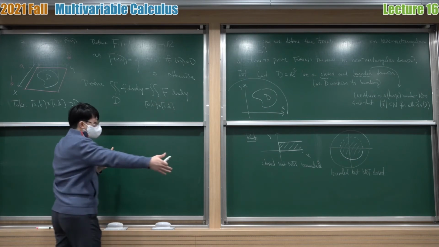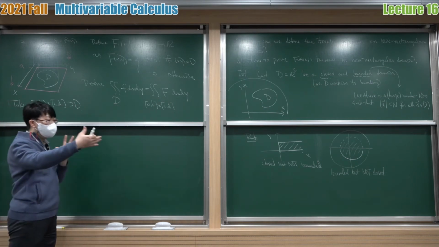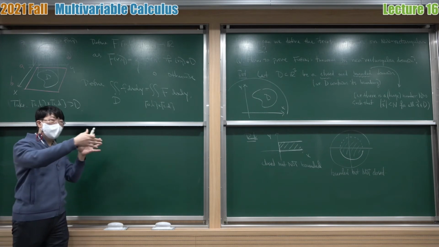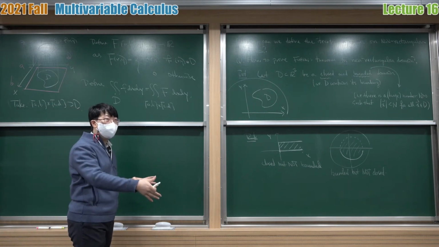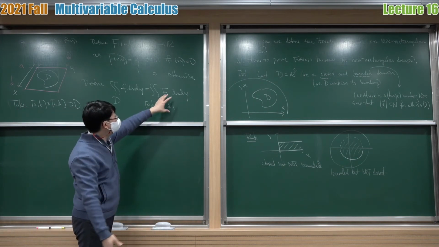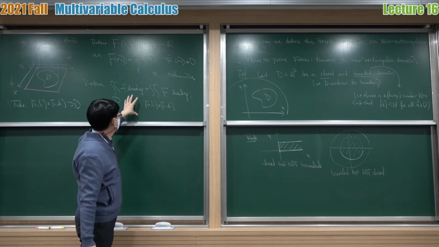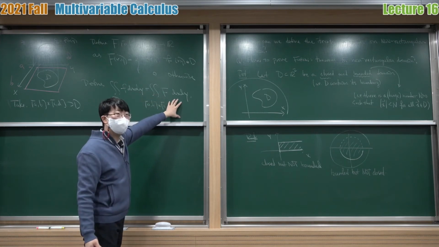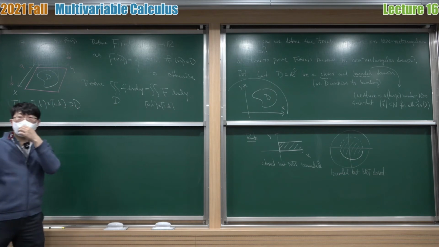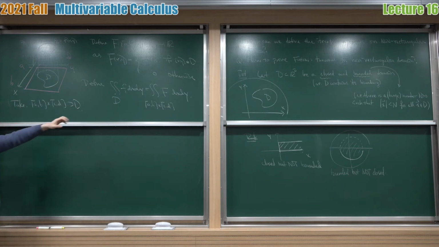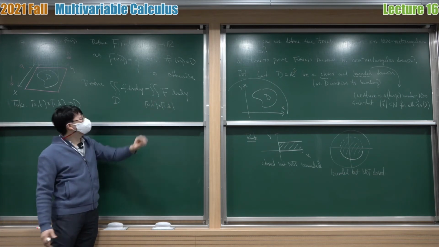Now the new function is defined on a rectangular domain, and we know how to compute the double integral defined over a rectangular domain using the Riemann sum. So this is well defined. So that value is defined as this value. So how can you compute the right-hand side?